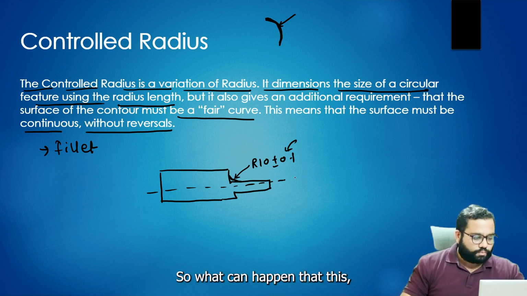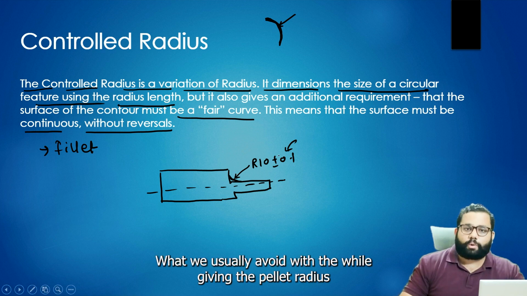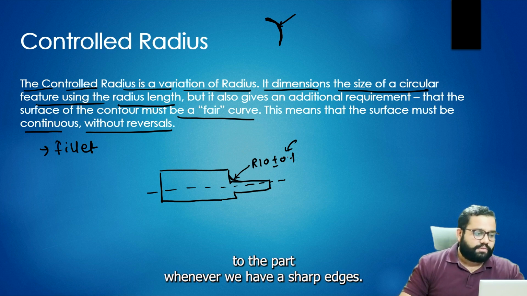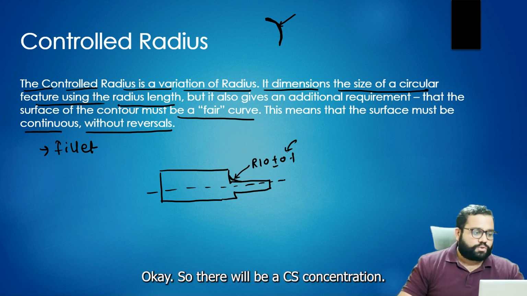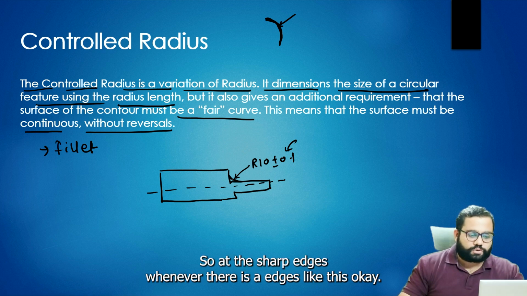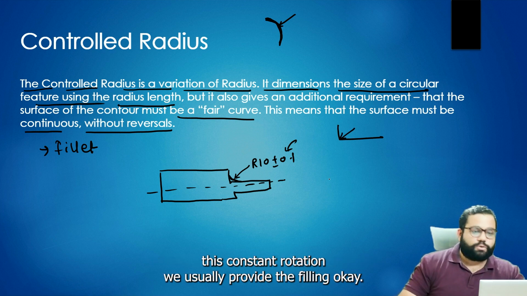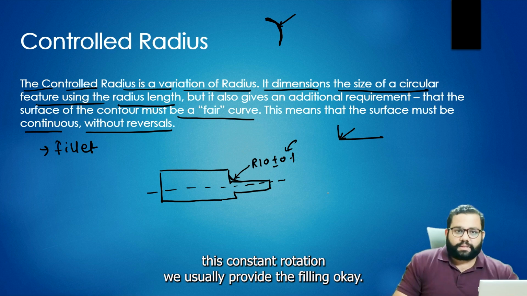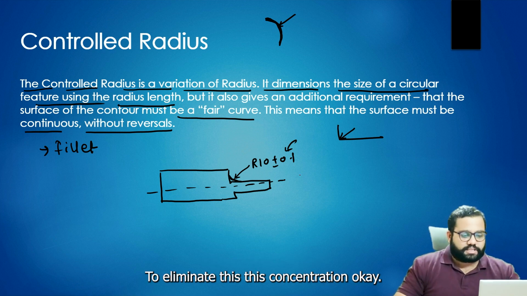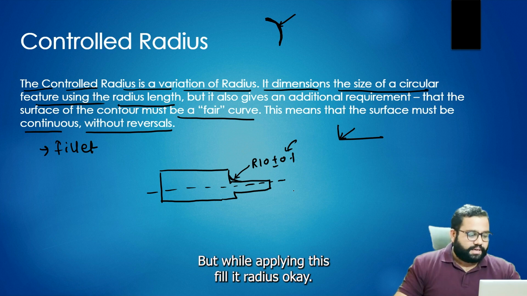What we usually avoid while giving a fillet radius to a part is sharp edges, because at sharp edges there will always be stress concentration. To avoid this stress concentration, we usually provide a fillet.